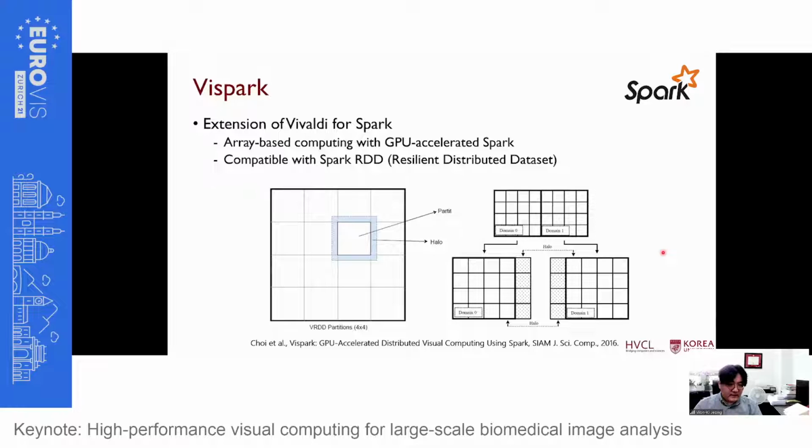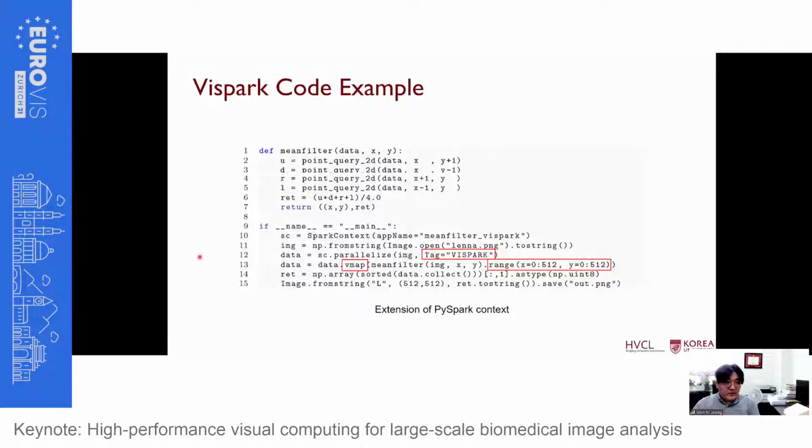So the idea is extending this RDD, and this is an example of a Spark system. As you can see here, this is very similar to Python, and actually very similar to PySpark, a Python wrapper of Spark. We added a new extension here, like a new tag, a VMap.